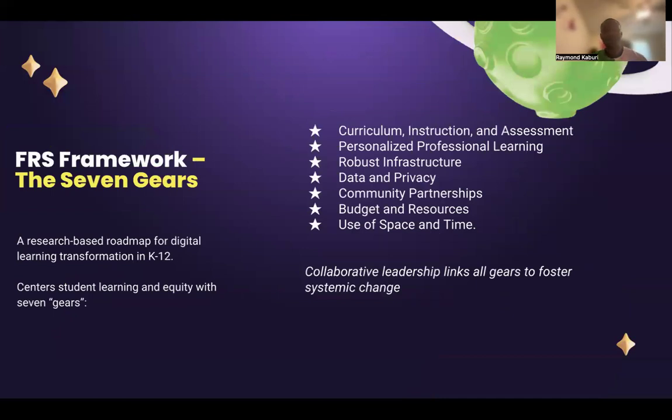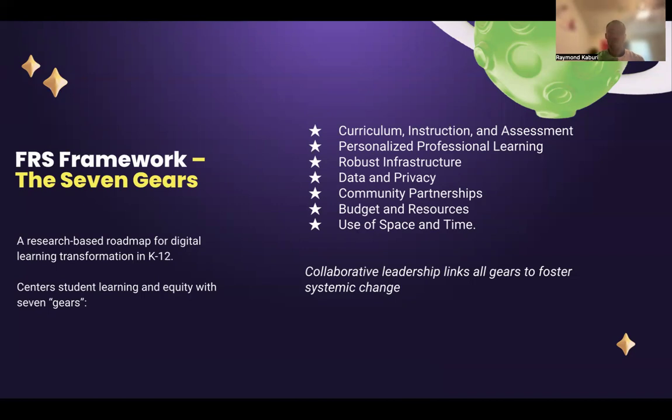So these are the seven gears that we mentioned in our introduction or definition. Number one is curriculum, instruction and assessment. The second is personalized professional development. The third is robust infrastructure.